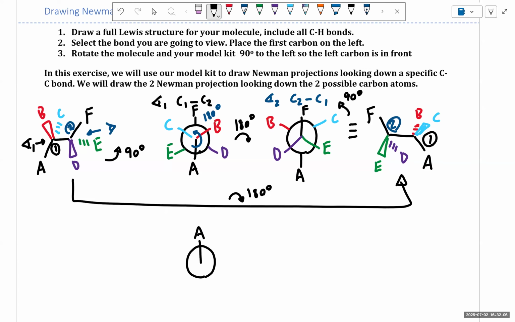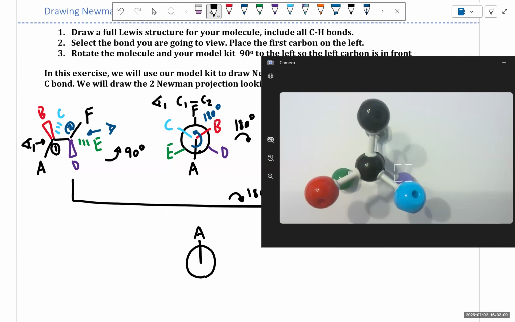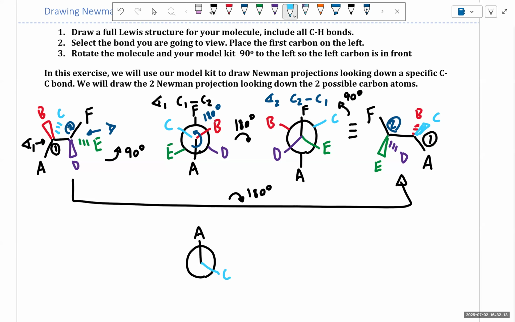Atom A is up top. Atom C is on the right. Atom B is on the left. Atoms F, D, and E don't change because we haven't rotated their bond.